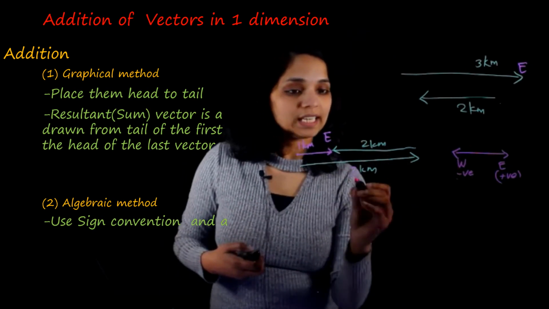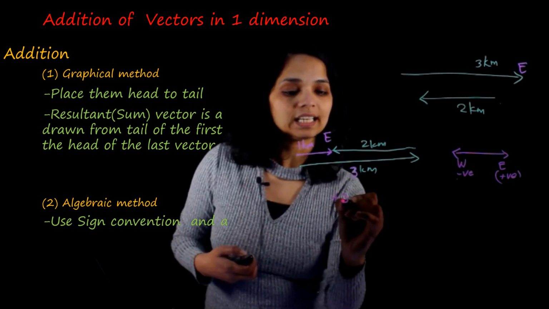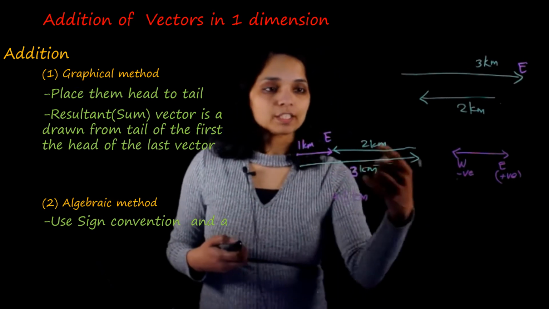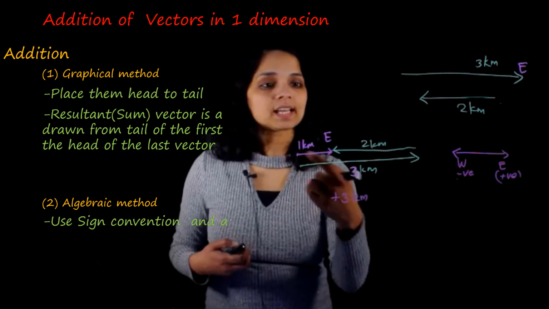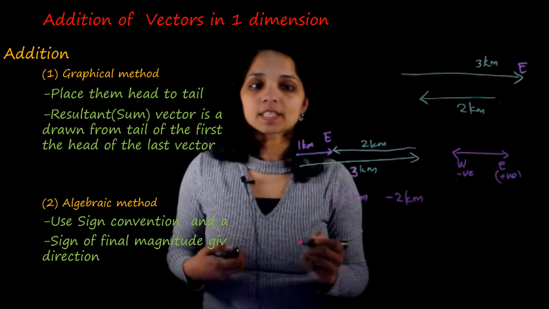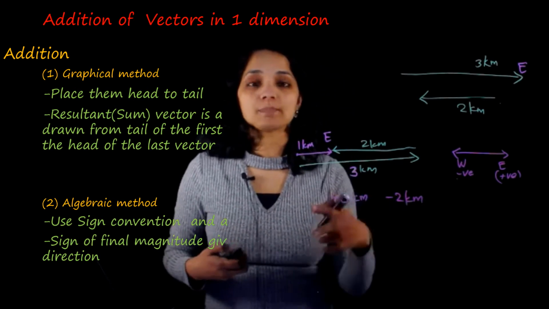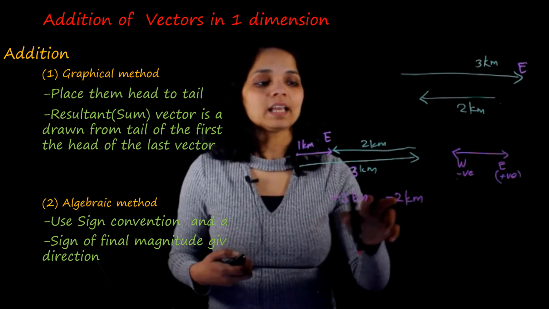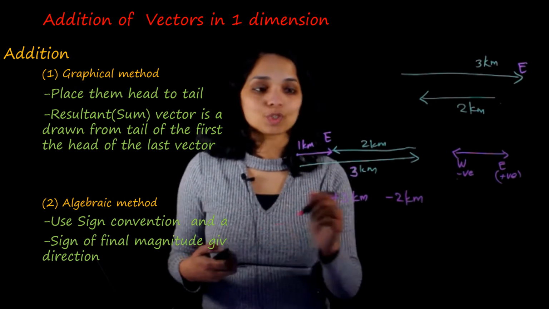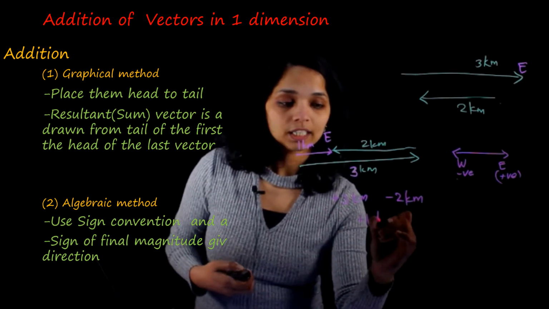3 kilometers to the east is then, because that's a positive direction, plus 3 kilometers. And 2 kilometers to the west is minus 2 kilometers. Now it's all about just adding these two numbers together: plus 3 plus minus 2, which is plus 1 kilometer.